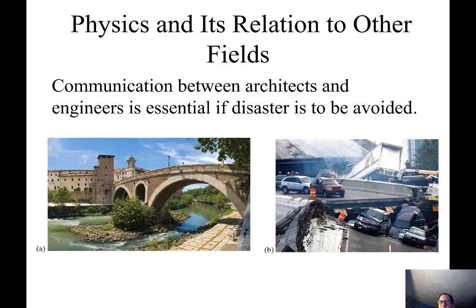And communication between architects and engineers, I was just talking about that. If the engineer who's working on the bridge does not have the knowledge of stress, strain, and other physics related terms, you can see the result here in this picture. A bad physicist or a bad engineer caused this.